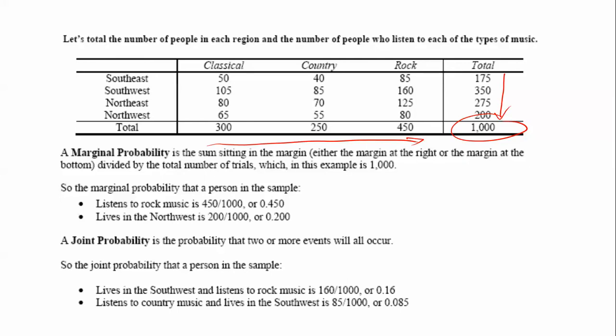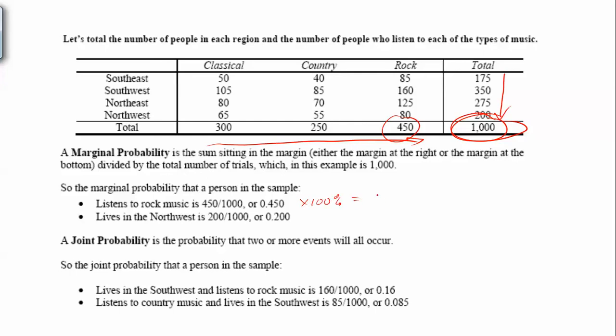A marginal probability is the sum sitting in the margin, either the margin to the right or at the bottom. So, for the marginal probability that a person in the sample listens to rock music, all we need to do is go to the marginal number that like rock. There are 450 people that like rock, divided by the total number of people that we've surveyed, so the probability is 450 out of 1,000. 0.45, or you could change that by multiplying that by 100%.